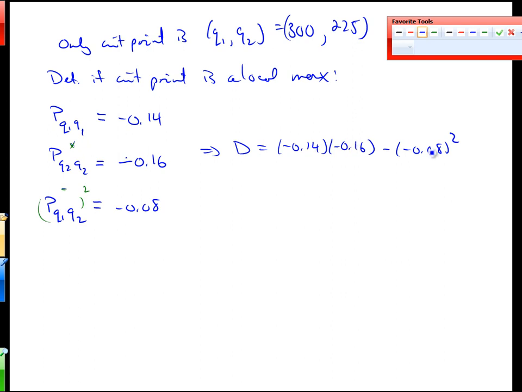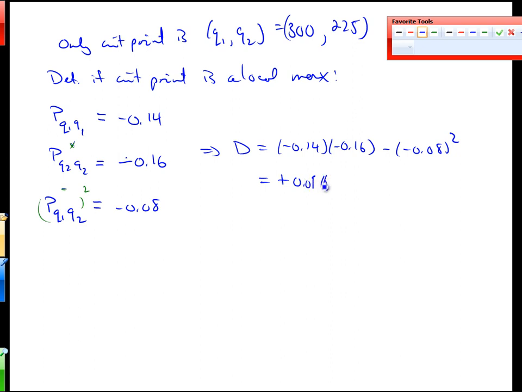Well, both these numbers are bigger than 0.08. We can find out the value, can't hurt, but it's going to be positive. 0.14 times 0.16 minus 0.08 squared gives you a positive 0.1016.